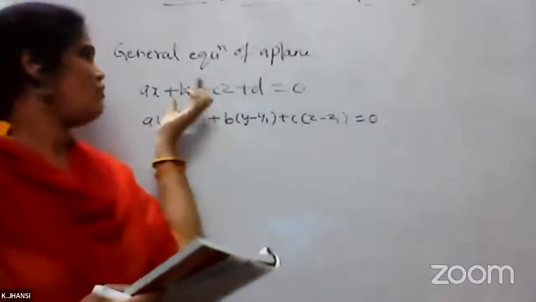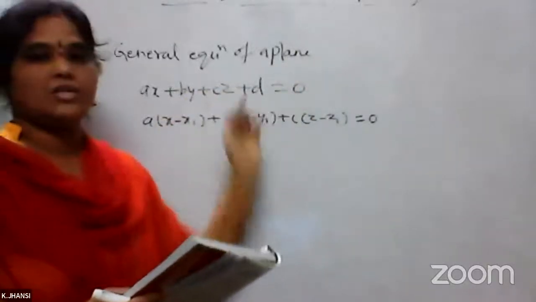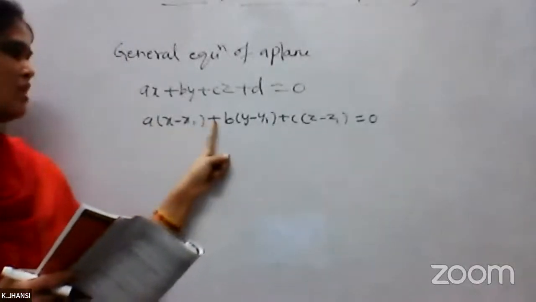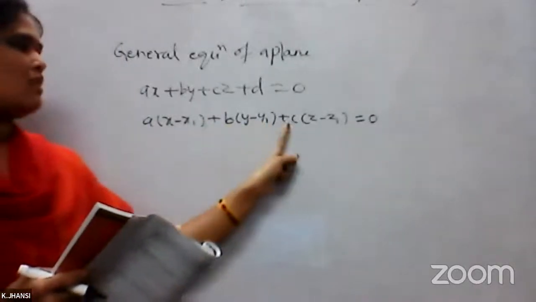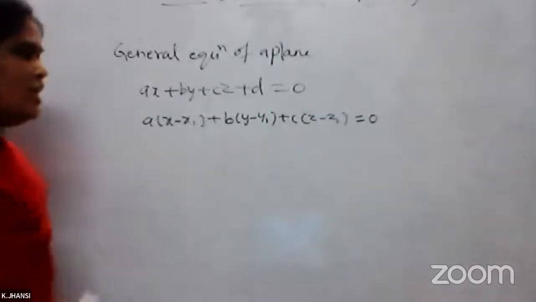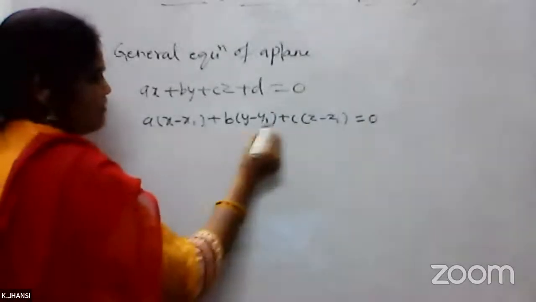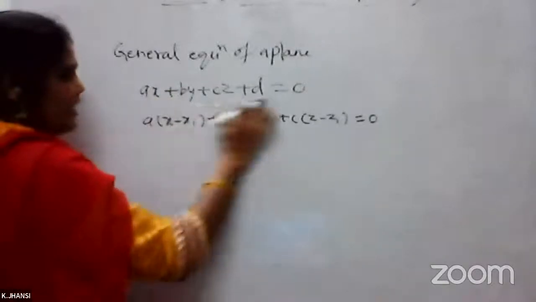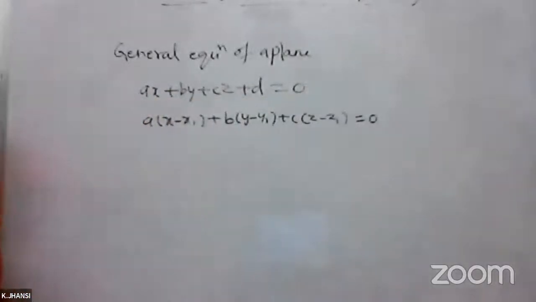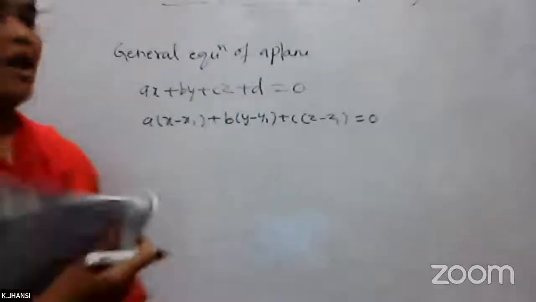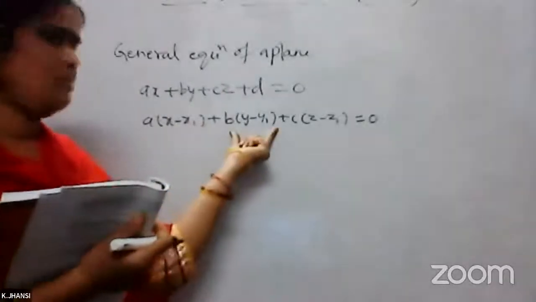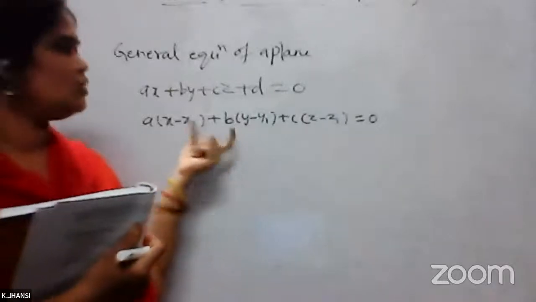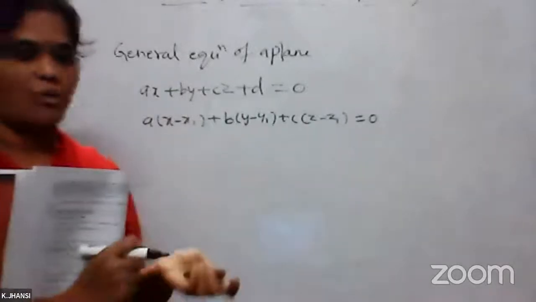This x1, y1, z1 point will be given in the problem, and they will ask you to write the equation of the plane. This is a 5 marks problem you will get. This concept is useful for solving many other problems also.